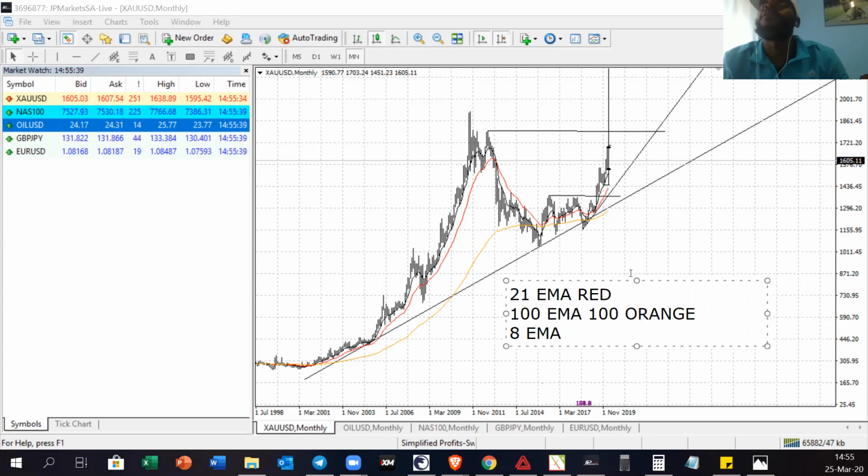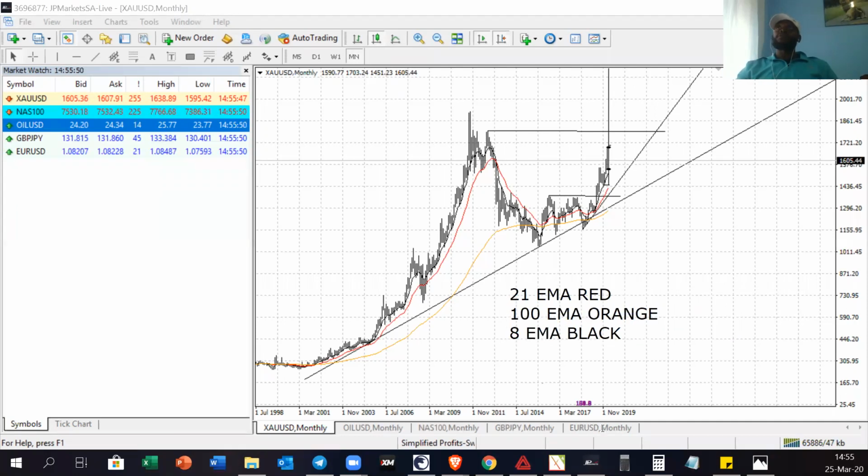So these are 3 indicators on my chart, and this is what I use generally throughout all my setups. The reason I like this is because it tells me trend, and I like trend.